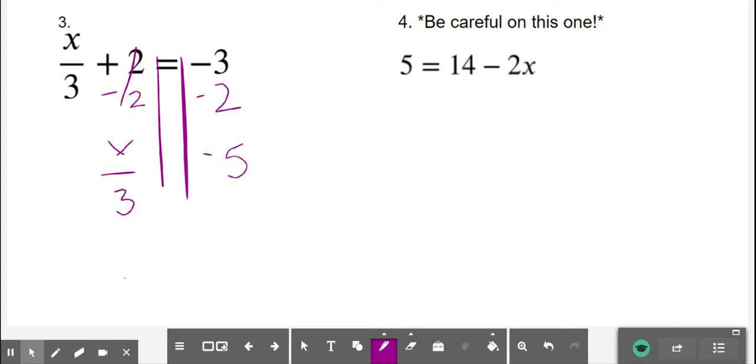So to remove the division by 3, we need to multiply by 3. So we multiply by 3 on both sides. This cancels out and leaves us with x, since the 3 is on the numerator and the denominator, it cancels out. And then -5 times 3 is -15.